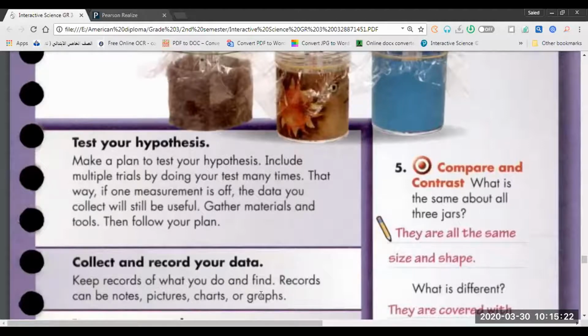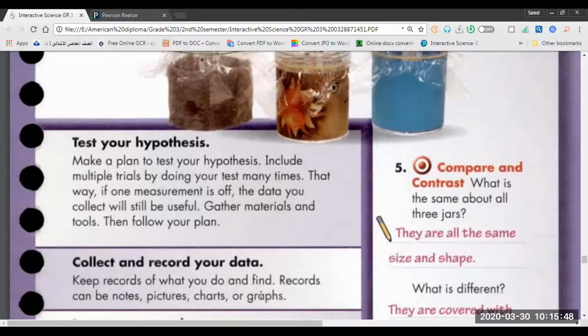You can record whatever you get during your test. You have to record everything. You have to write down everything, and you can draw a graph, or you can make a chart, or you can record this data in a table, as you like. The easiest way you can do.